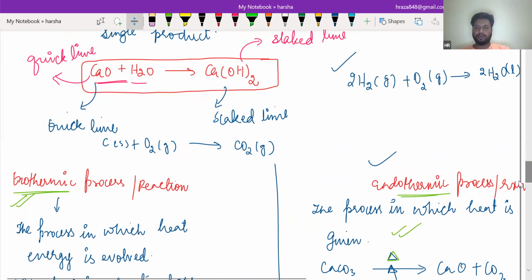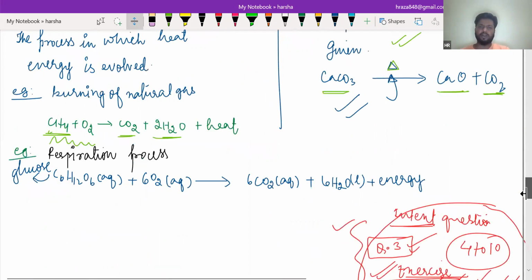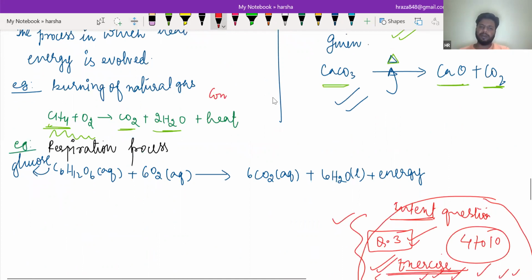Then I also taught you about exothermic and endothermic reactions. In an exothermic reaction, heat is evolved during the reaction, and in an endothermic reaction, heat is required to be given in the reaction or process. I gave examples: burning of natural gas, which we also call combustion, is an example of an exothermic process, whereas CaCO3, calcium carbonate, when we give heat to the system, is converted into calcium oxide plus carbon dioxide. This is an example of an endothermic process.